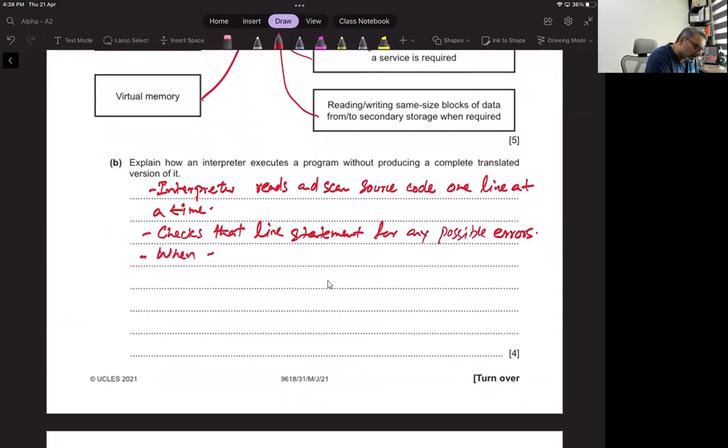When an error occurs, it stops and reports it.